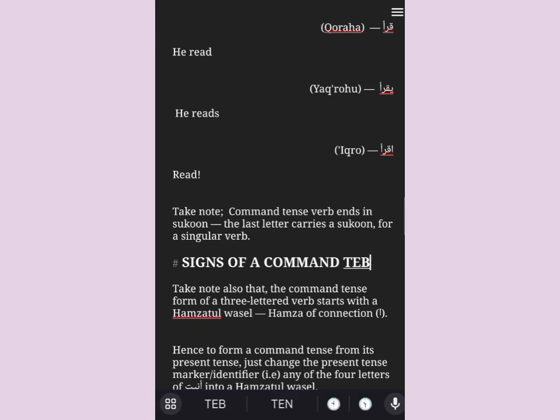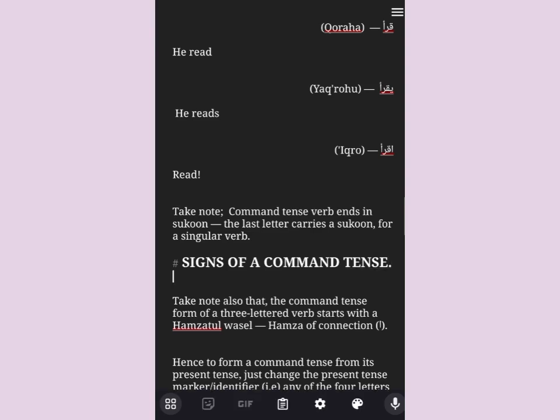Now, these signs are just two, like I've mentioned. The first is the last letter of this verb. Being a singular verb, mufrad, we are talking about a singular verb here, which is primary anyway.